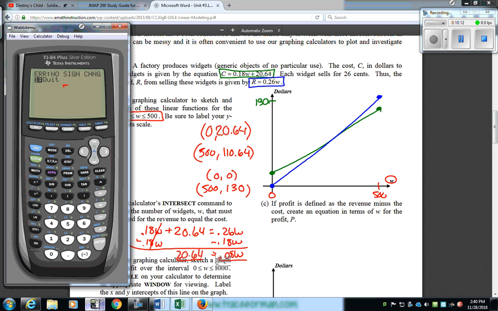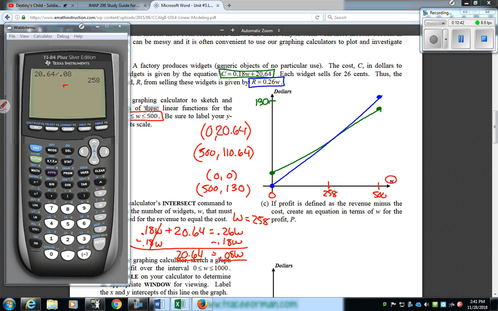So I'm going to type that in the calculator right now. I got 20.64 divided by 0.08. So in this case right now, W would equal 258. So some point here near the middle, at 258, we're going to end up with the same amount, that intersecting point.